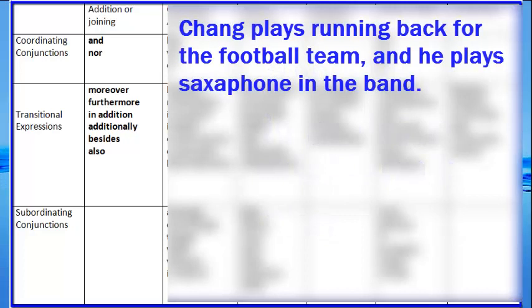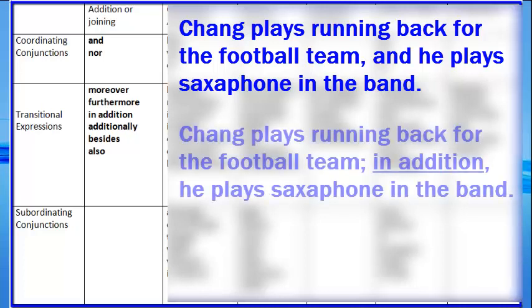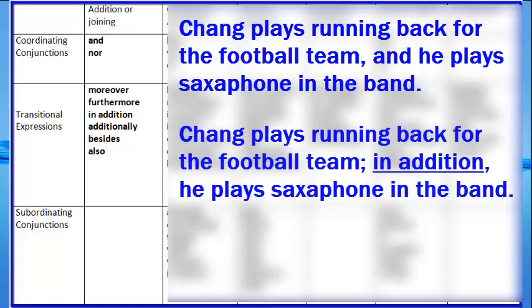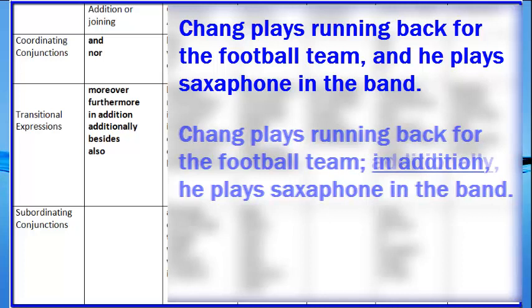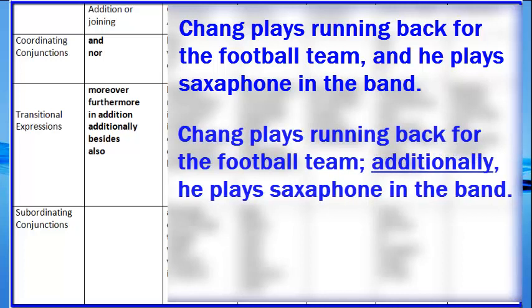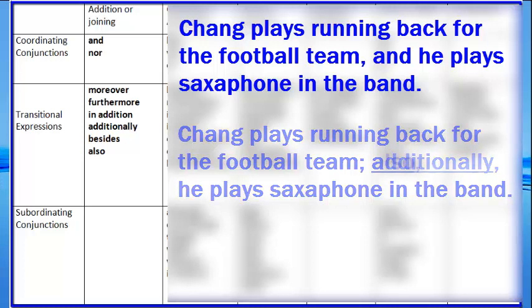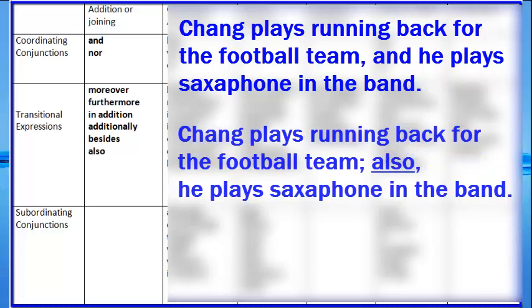The sentence, Chang plays running back for the football team and he plays saxophone in the band, can be written in this format. Chang plays running back for the football team. In addition, he plays saxophone in the band. Or, additionally, he plays saxophone in the band. Or, also, he plays saxophone in the band.